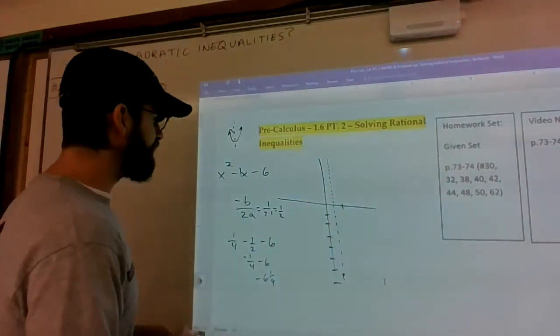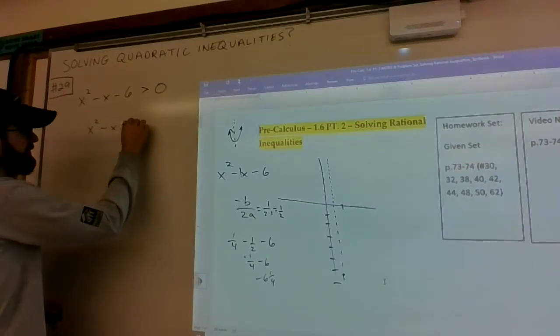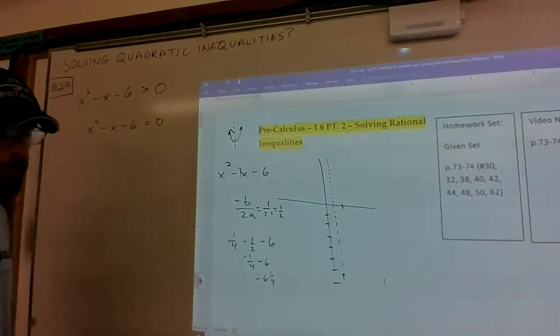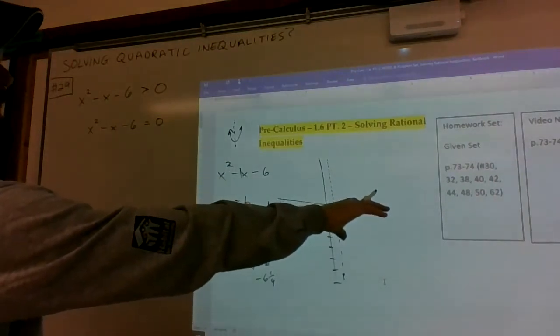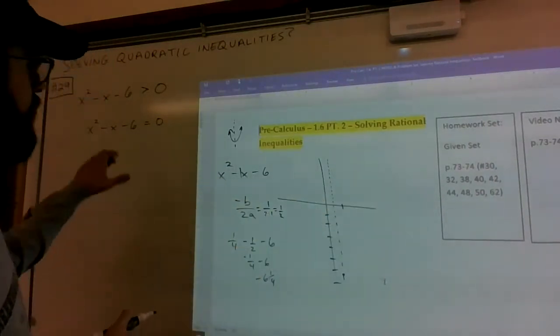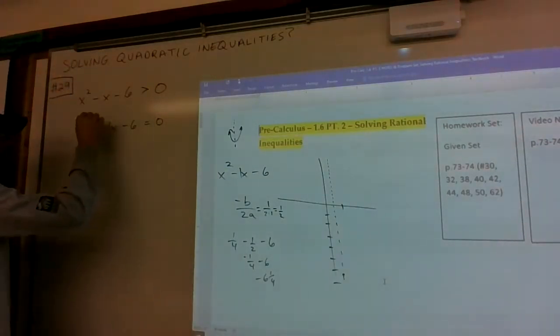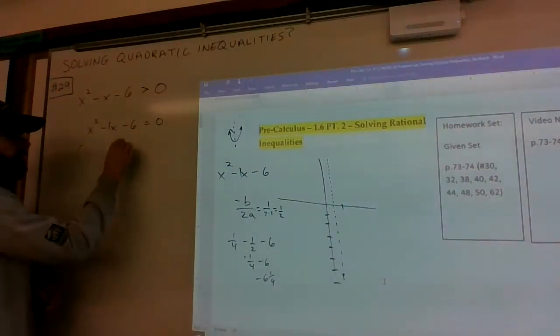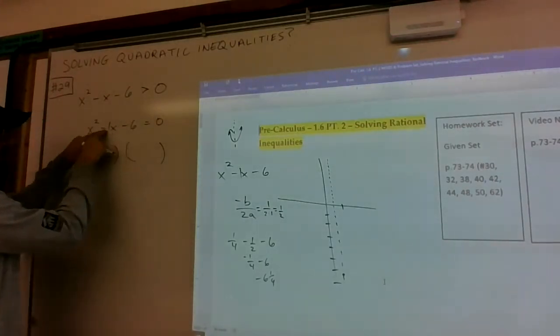The zeros you would figure out by taking x squared minus x minus 6 and setting it equal to 0. Either use the quadratic formula or use factoring to figure this out. Negative 3 times positive 2 gives me negative 6, and it adds up to give me negative 1.